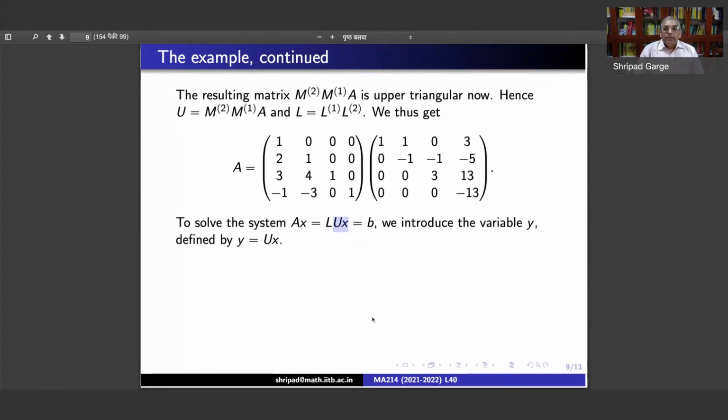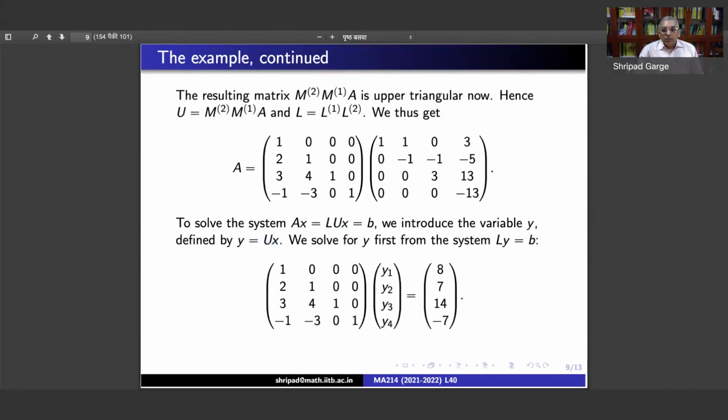And therefore we have a new equation now, Ly equal to B. So we solve for y first. Once we have obtained the value of y from here, we will solve y equal to UX, and get the value of x from here.